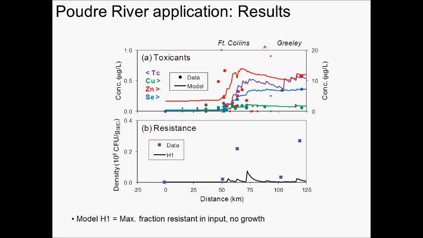Okay, so the second scenario, hypothesis H2, was that it's the antibiotic that results in their growth over the susceptible bacteria. So we run this model, we dial back the input of resistant bacteria from wastewater treatment plants to more reasonable levels, as well as how much of them are particulate, and we include the toxicity of the antibiotic, and there we see that we basically do not see any resistance.